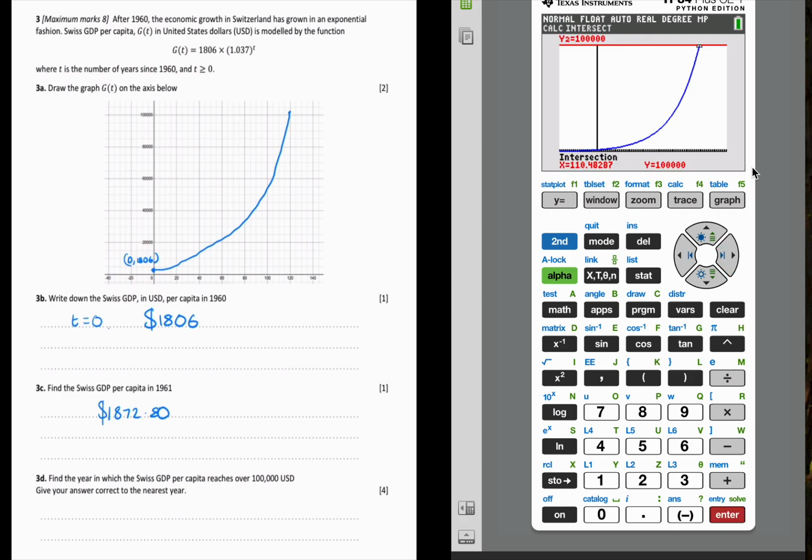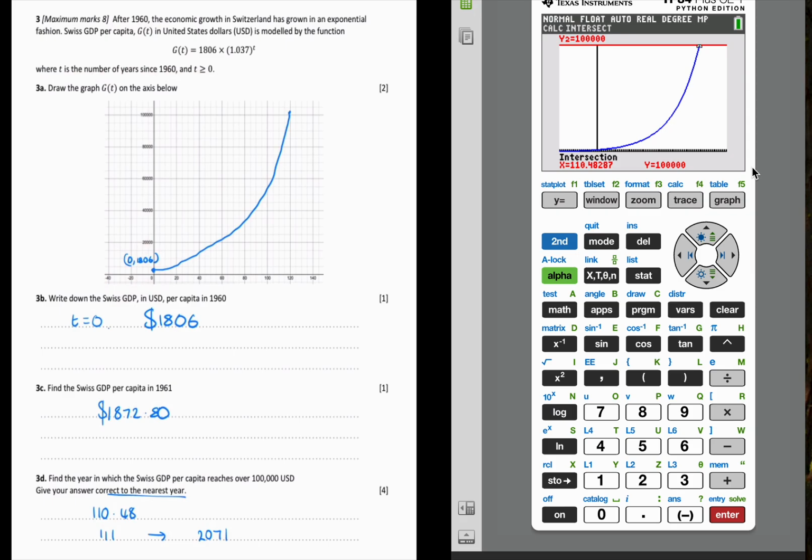And we can see there that it's at 110.48 years. Now, at 110 years, it won't quite be there. So that means that we have to round up, because it's asked for the nearest year, to 111 years, which means that it's actually 2071, because it's the original 1960 plus 111 years.